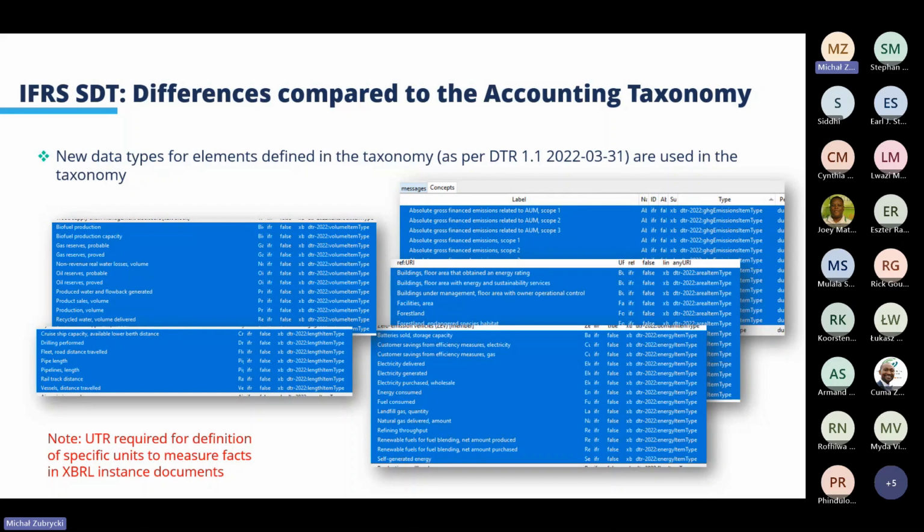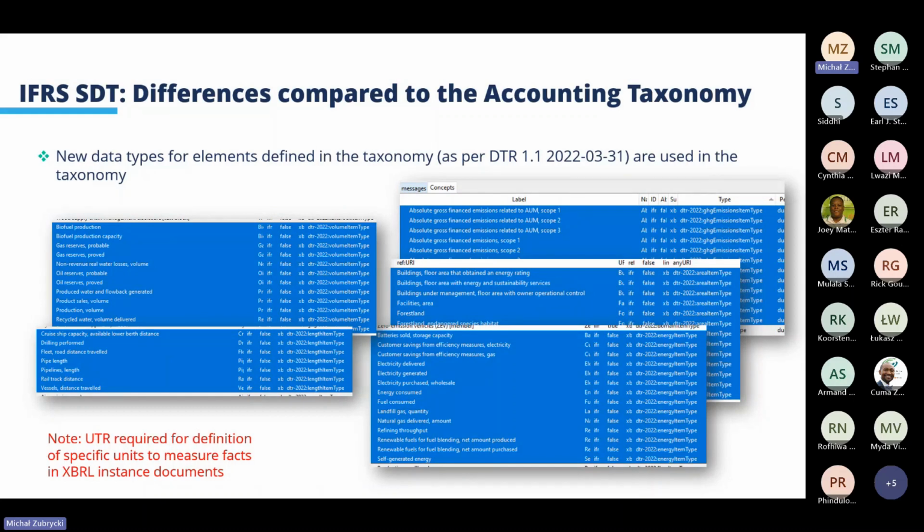This registry contains different approaches on how we measure, I don't know, volume or energy or GHG emissions, in tons or tons of CO2 or whatever.